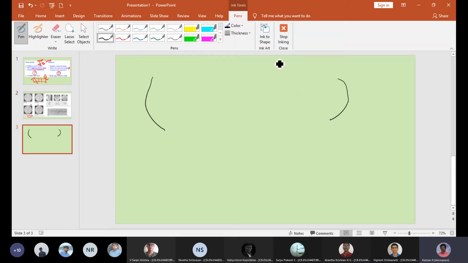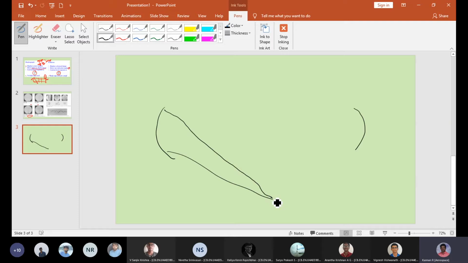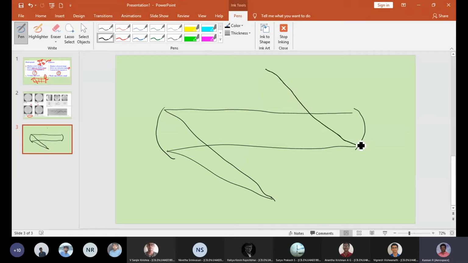M1 is mirror 1, mirror 2, and this is your source. That's your simple diagram of this setup.